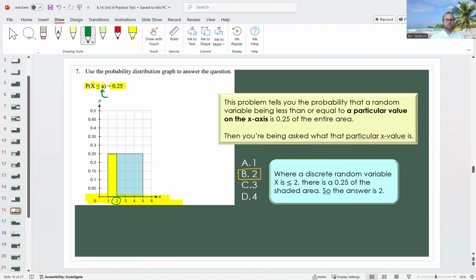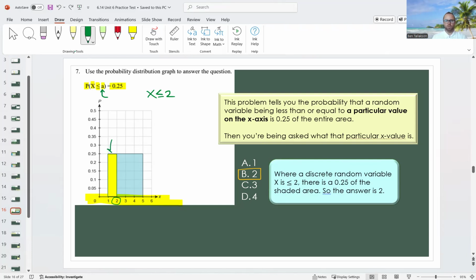So in other words, where you see 2, less than or equal to that, you're going to see the probability of 0.25. Because remember, we're looking at the entire shaded region. And if you look to the left, which is less than or equal to the x value of 2, that shows us 0.25 of the entire shaded area, right?